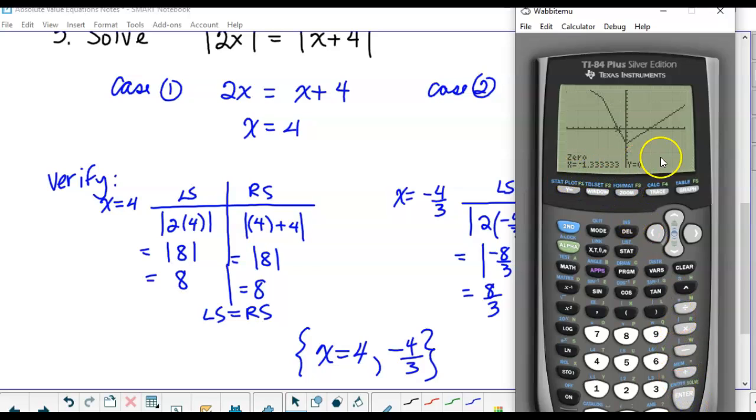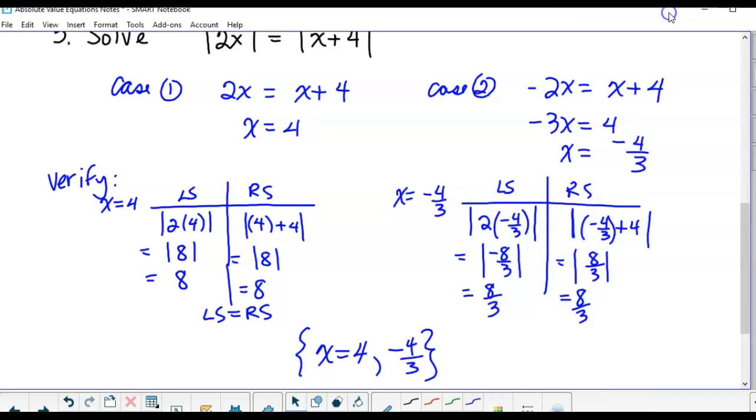Negative 1.3 repeating is negative 4/3. Okay, you can go into your y equals and do left side and right side separately and see where they intersect, but it ends up a little harder to read.